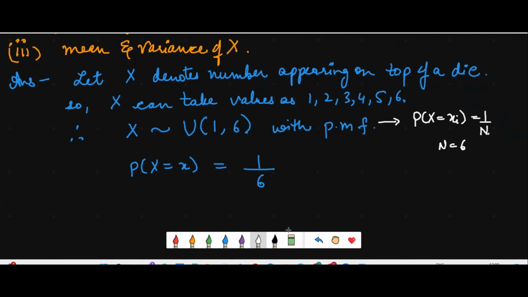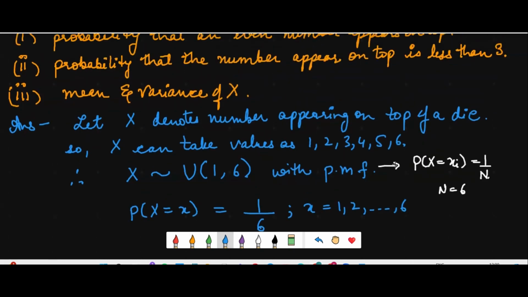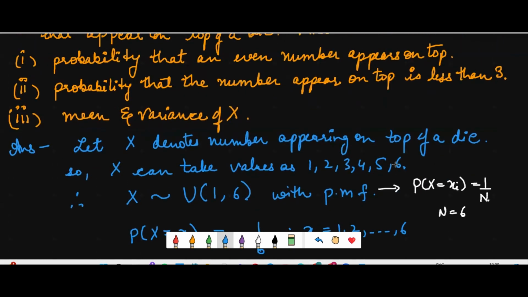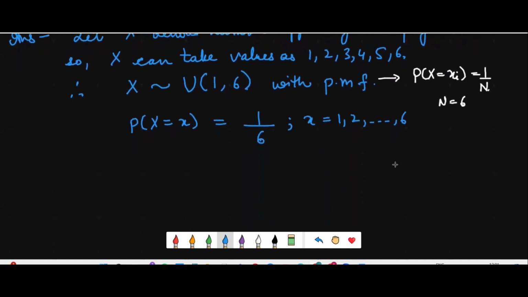Even you can do it with the general discrete distribution. So we'll be considering another question related to that as well. So here your x is ranging from 1, 2, 3, 4, 5, and 6. So let us consider the first part where we need to find out the probability that an even number appears on the top. So as we know, the probability that X is an even number.